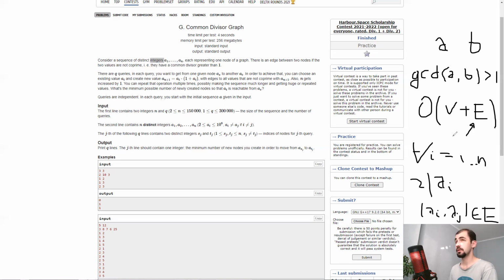And there are various ways to implement connected components. We will still need to reduce somehow the number of edges that we want to use in our connected components. But other than that, connected components are fairly simple. So one of our ideas will be connected components.